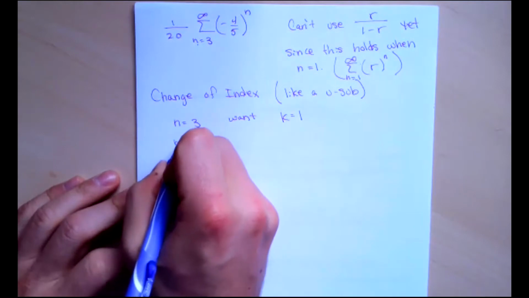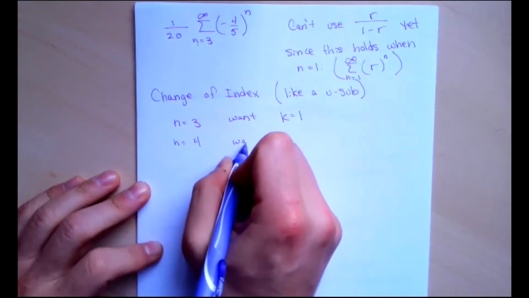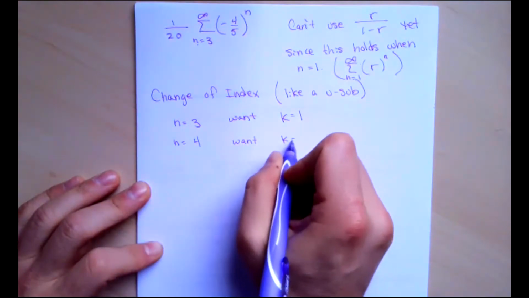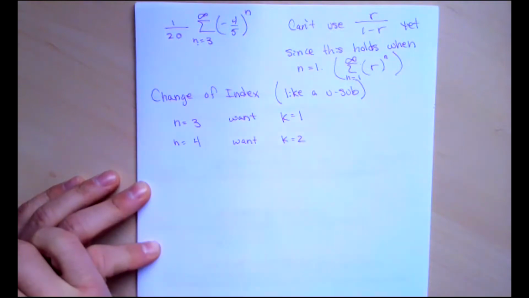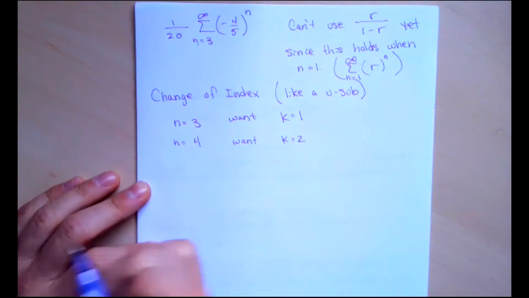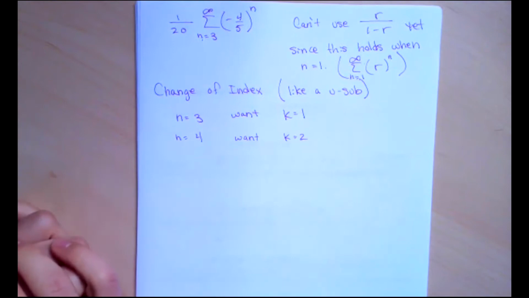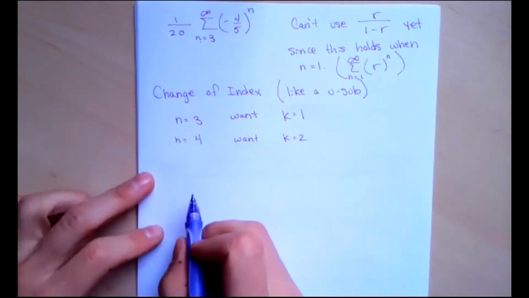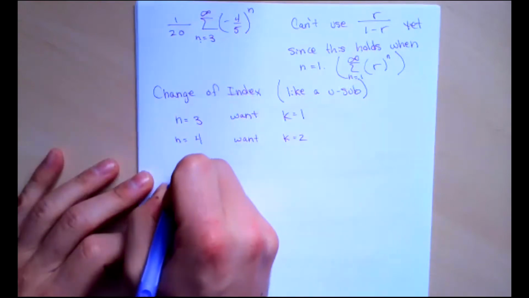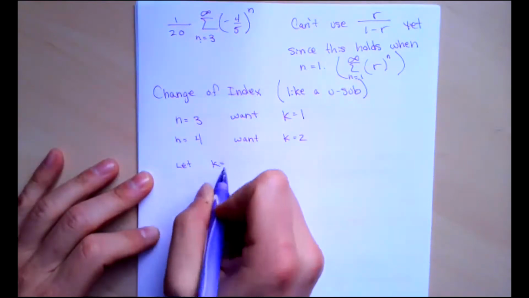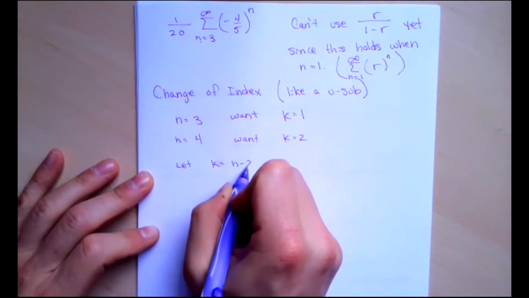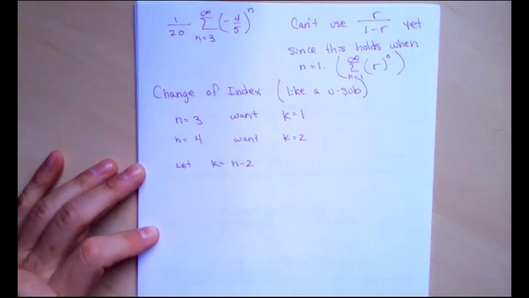Likewise, the next value is going to be n equals 4, and that should be the second value. So we need to come up with a basic linear relationship for that. If n is equal to 3, let's let k equal n minus 2. Does everyone see that?